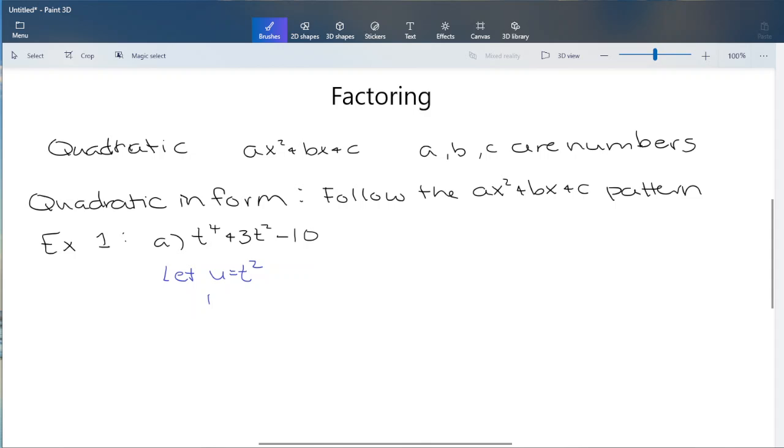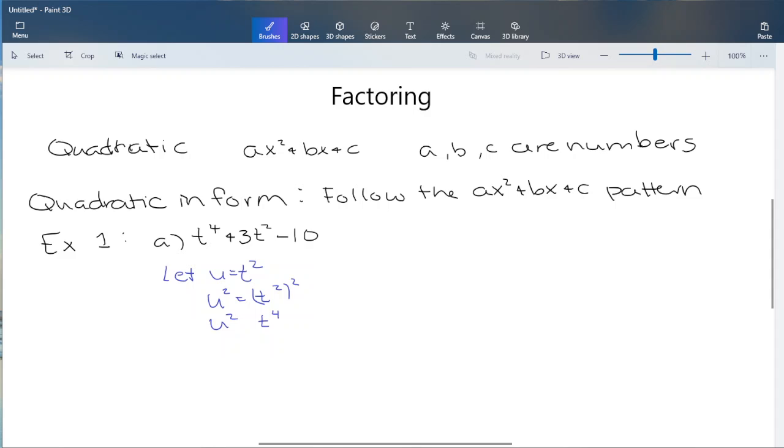And then we're going to look at what is u squared, okay? So that would be t squared squared. Okay, so we know that when we have an exponent raised to another exponent, we multiply them. So 2 times 2 is 4. Okay, so we're going to rewrite our polynomial using this u.